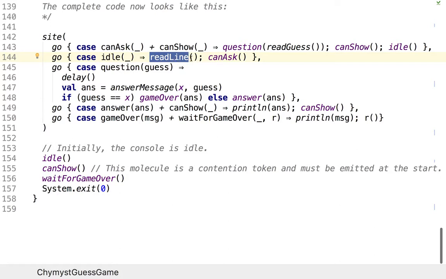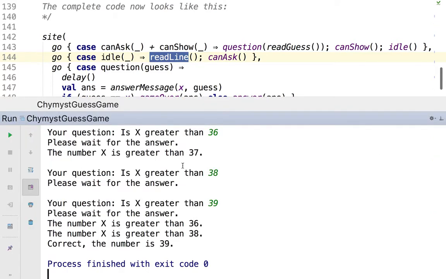because this read line is to skip when the user is here or here, please wait for the answer, and then I want to ask another question, I press enter.